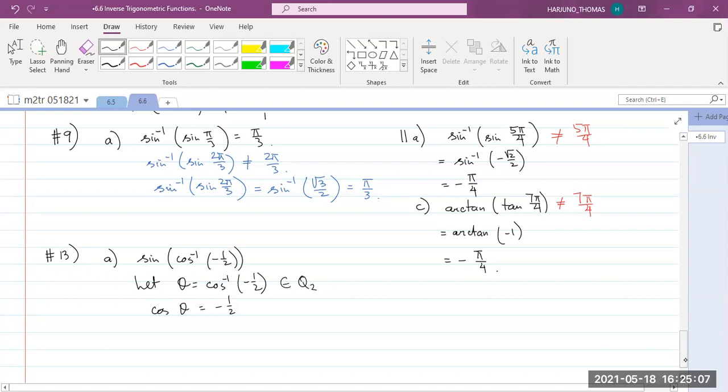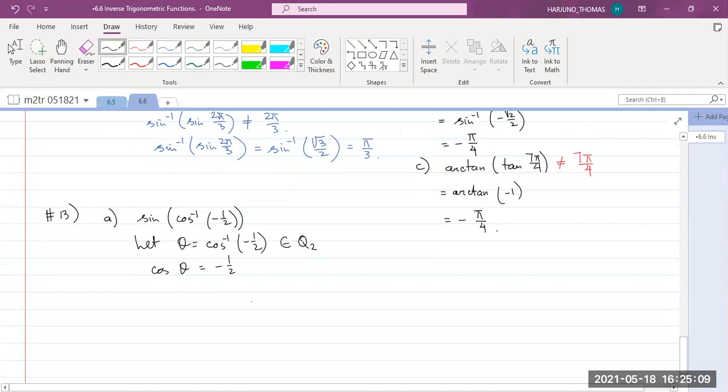Now, cosine theta equals negative 1/2, I can draw the triangle using reference angle. This is 1, this is 2, this is radical 3. Now what is sine theta? Sine theta will be plus or minus radical 3 over 2, right?